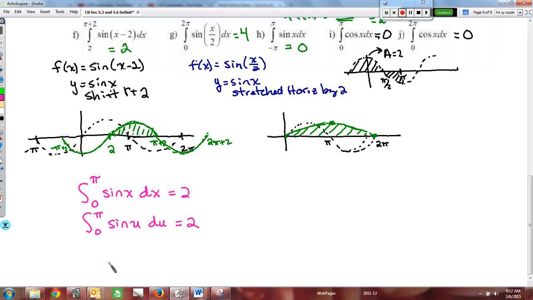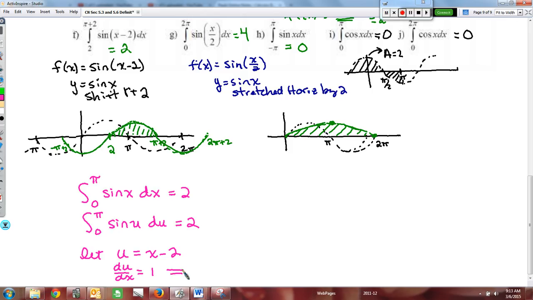So the trick here is to take a look above and say, I don't really like this x minus 2 in here. So I'm going to let u equal x minus 2. All right. Then I calculate the derivative of u. du/dx is going to equal 1, since the derivative of x is 1.